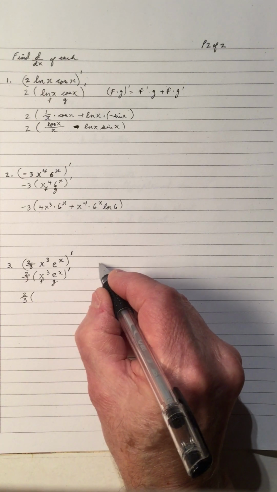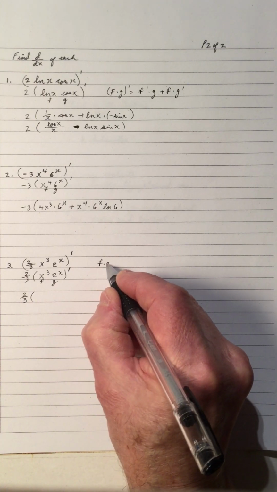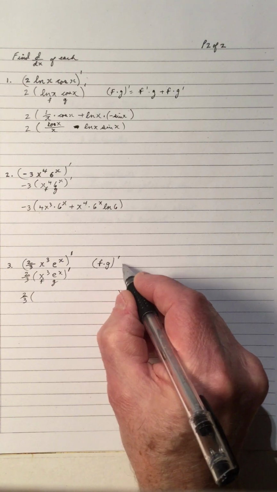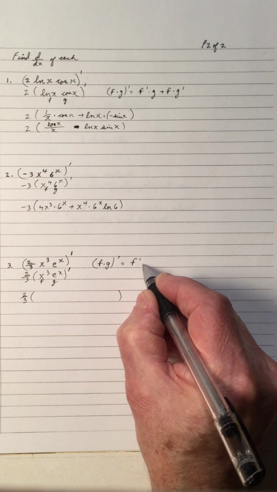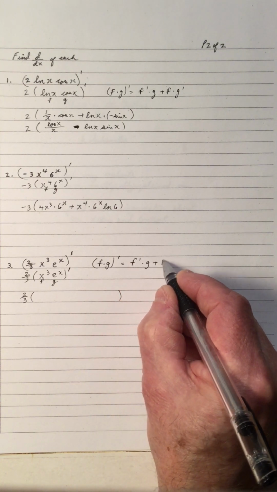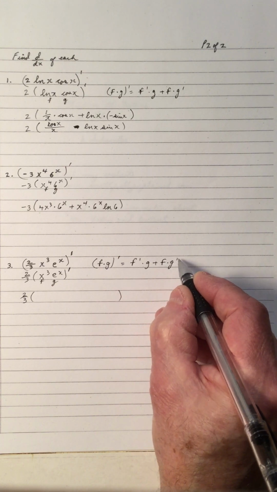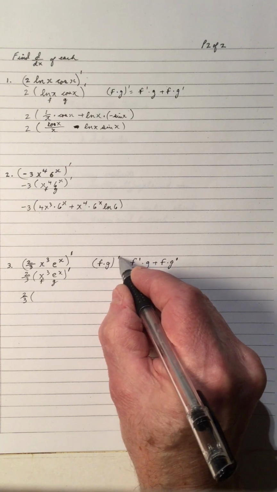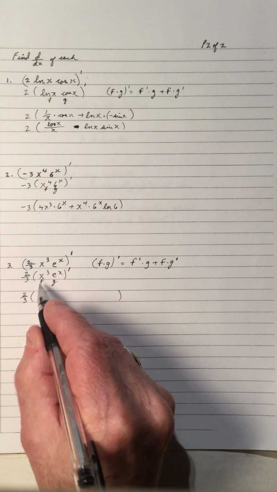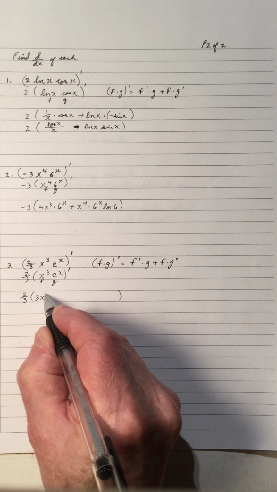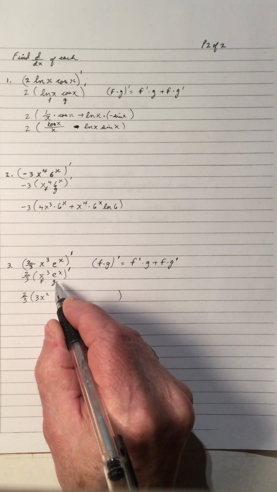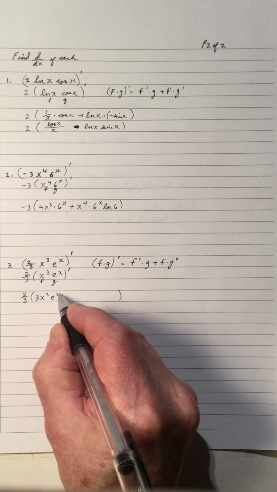Again, I'll just write that down again. The derivative of f times g is the derivative of f times g plus f times the derivative of g. Always practice it, keep it in your mind. So the derivative of f is 3x squared times g, which is e to the x.